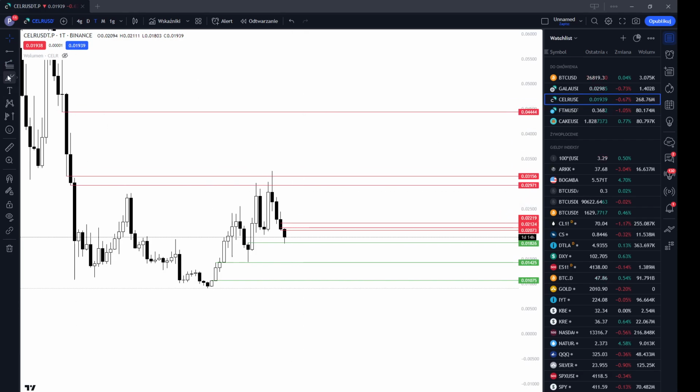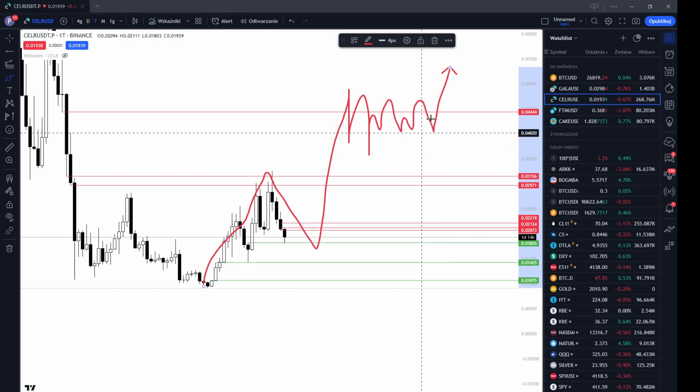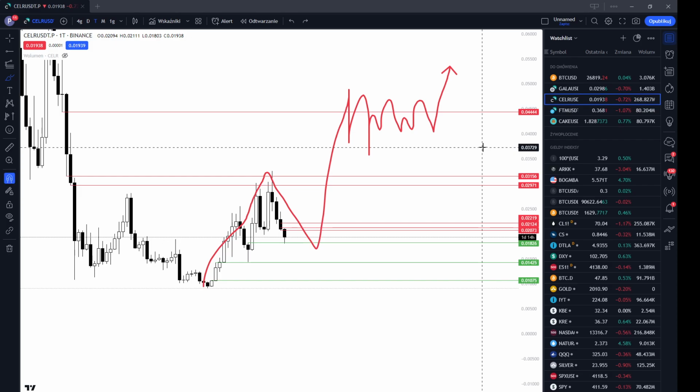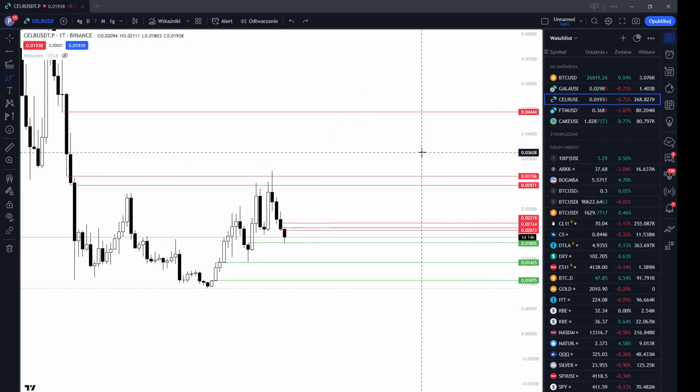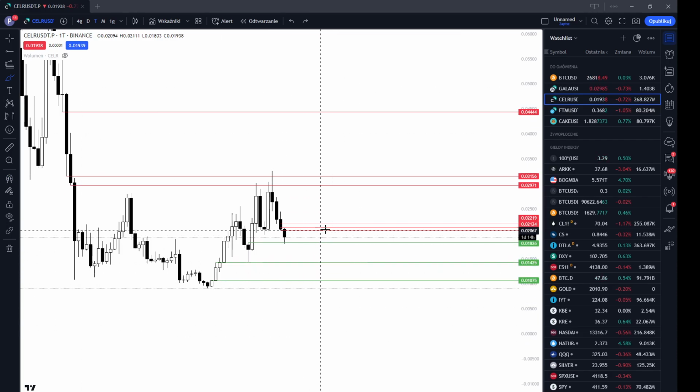So maybe this will just tap these levels again before continuation to the downside, or could be that this is just our wave 1, 2, then we get some kind of a 3, then we get a 4 and a 5, and then gearing up for another leg up.